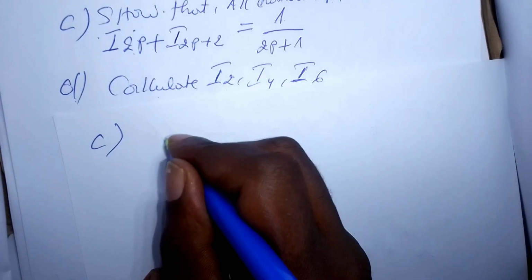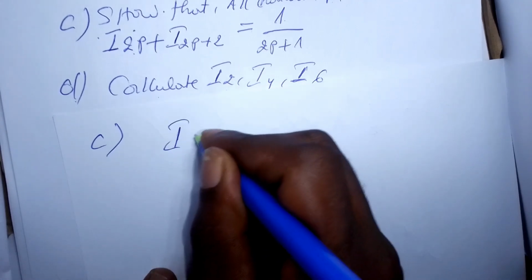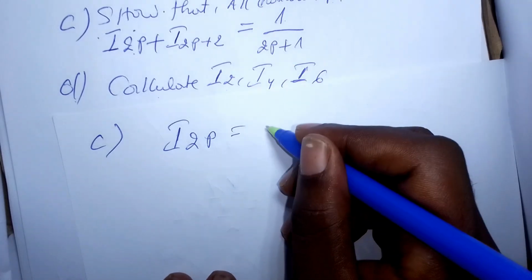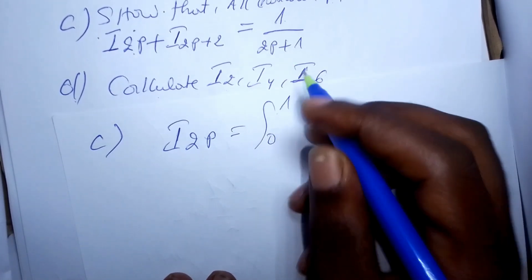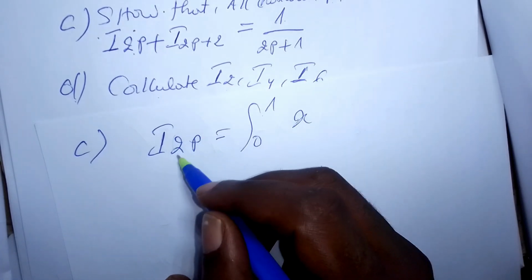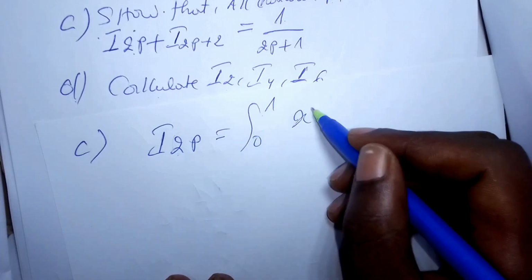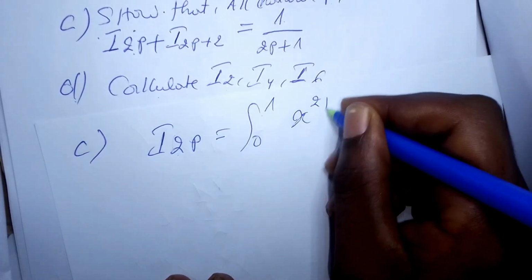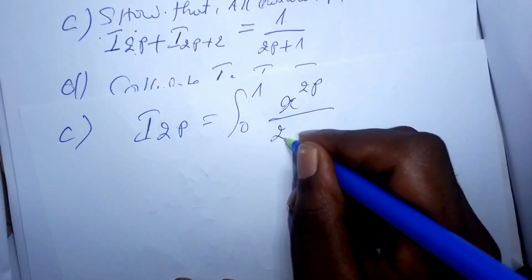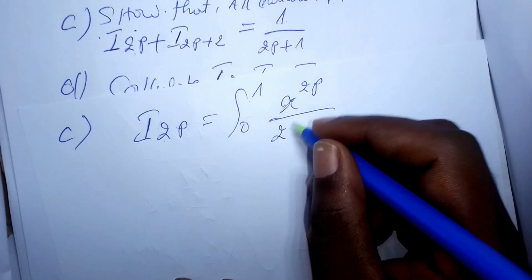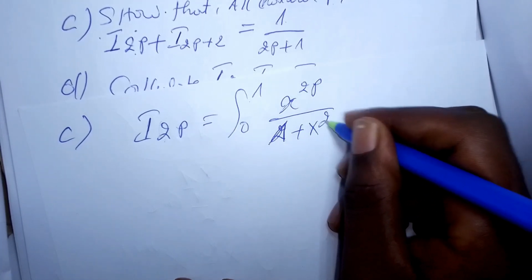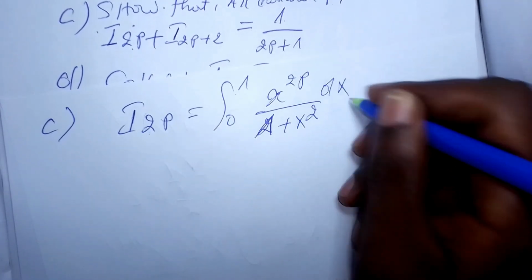So we will have I2p equal to the integral from 0 to 1 of x power 2p over 1 plus x square dx.